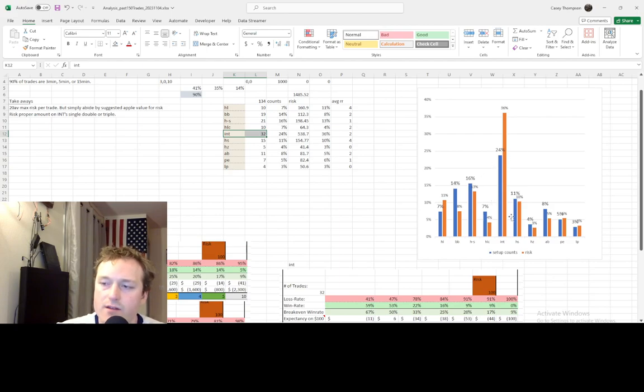So the intuition trades in the middle here, the largest, 24% of my trades were intuition trades, which requires no thought or anything, or actually only thought, sorry. And then my risk on those trades was 36% of my all around risk. I have 36% of my money on intuition trades, but they're only 24% of my trades.